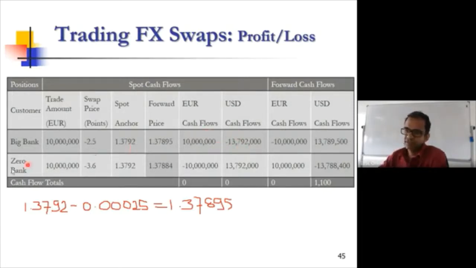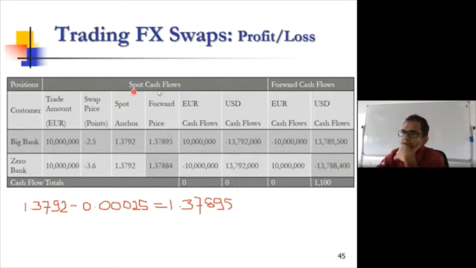The same for the second transaction, but the cash flows are in the opposite direction. In the second transaction with the Zero Bank, near leg, ABC Bank sells euro and buys dollars. So same spot rate is applicable for the same euro amount, so you should get same dollar amount. On the net basis, it should be 0.